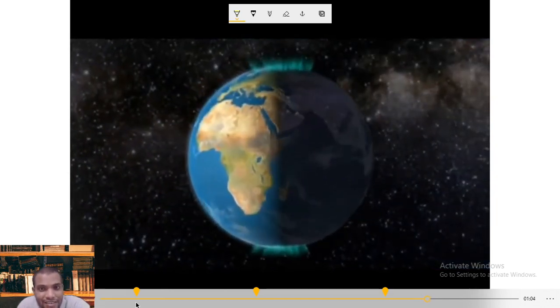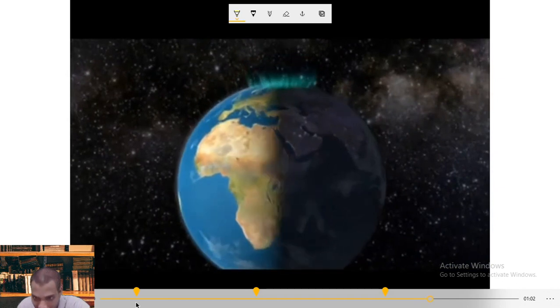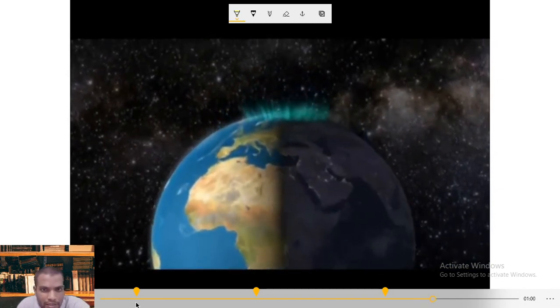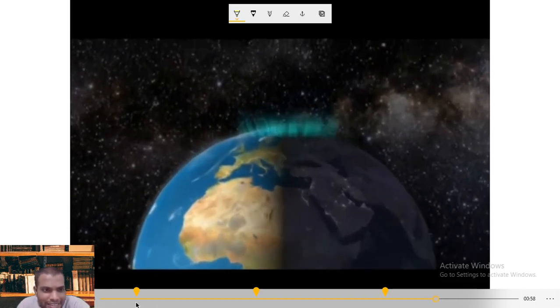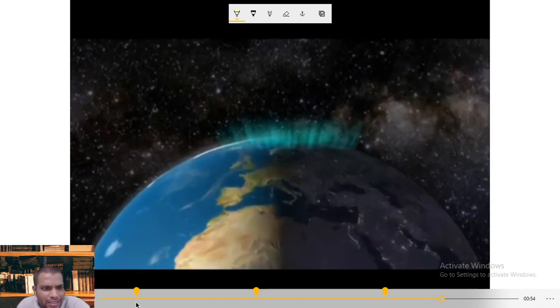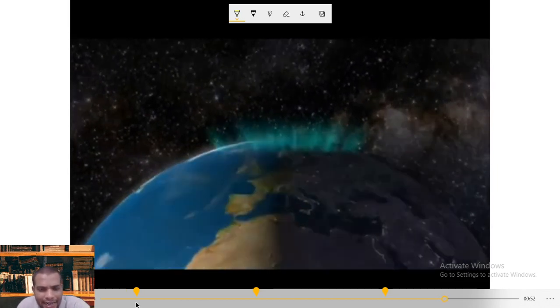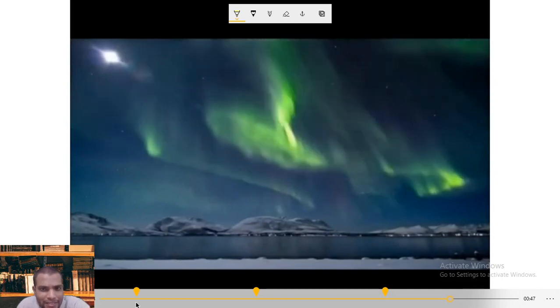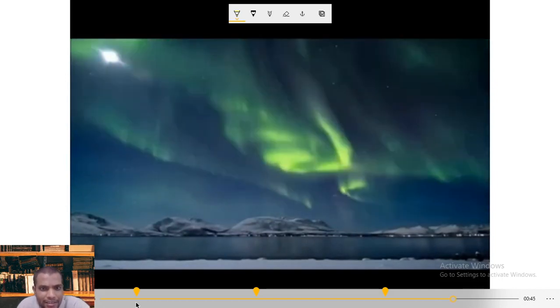That's the reason for the formation of the aurora borealis. These lights we can see only at the poles 24/7. There is no day and no night. So the spectacular lighting affects the charged particles here.